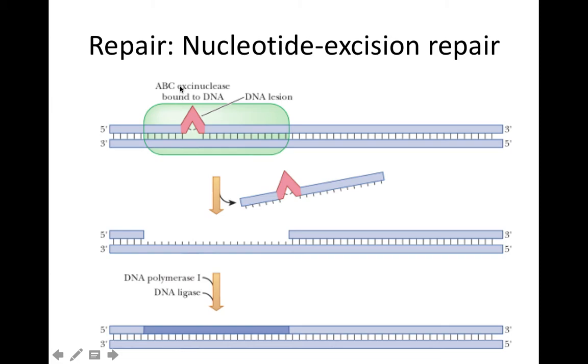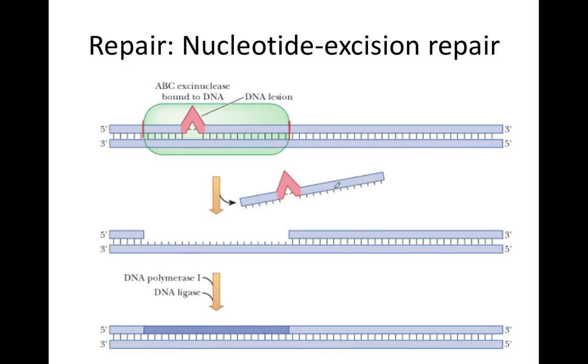The next indirect repair mechanism we're studying is nucleotide excision repair, which is usually done if you have a DNA lesion. So this can be a pyrimidine dimer that has formed in the DNA. In this case, ABCXC nuclease comes in and it cuts this part here and this part here.